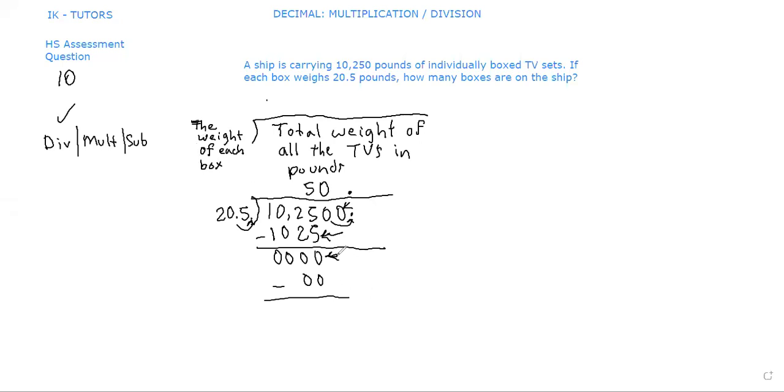We did the division. We put 0, because it goes in 0 times. And we multiply 0 times 205 to get this number here, 0, 0, 0.